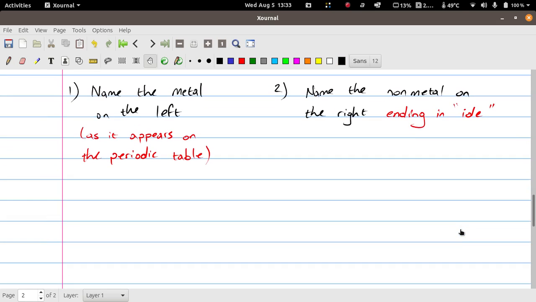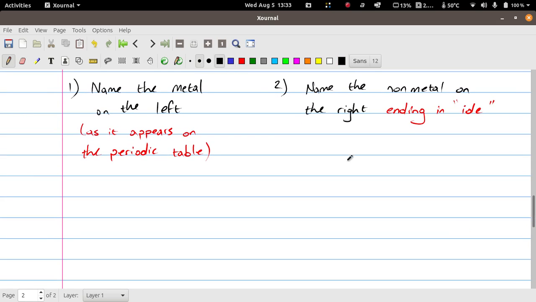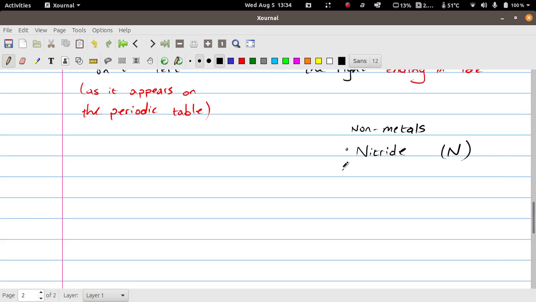I'm going to give you a list of some common ones that you're going to see. These are common. So you'll have nitride, and I'll write the chemical symbol next to it. You'll have oxide, phosphide, chloride.